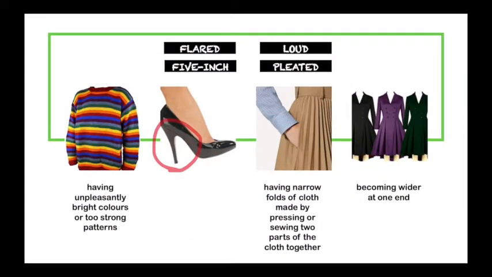Then we've got the words flared, 5-inch, loud, and pleated. And the 4 pictures, plus some definitions. For the first picture, you see that jumper or sweater having unpleasantly bright colors or too strong patterns.